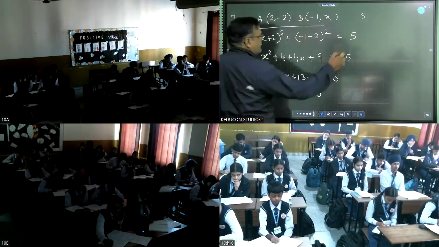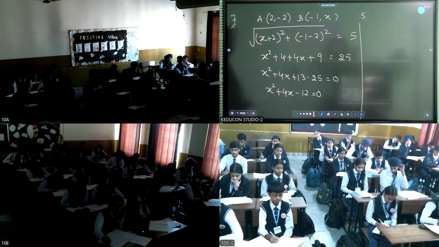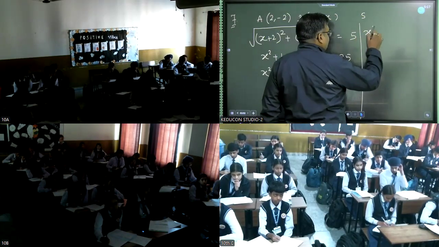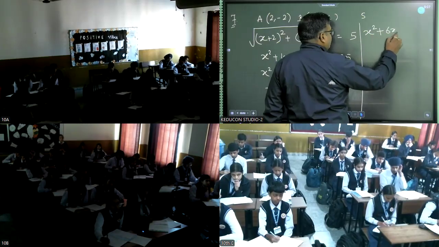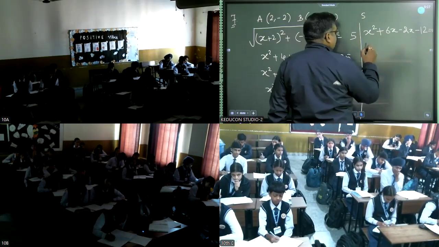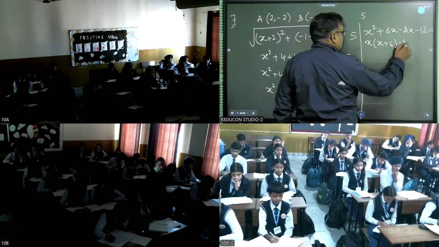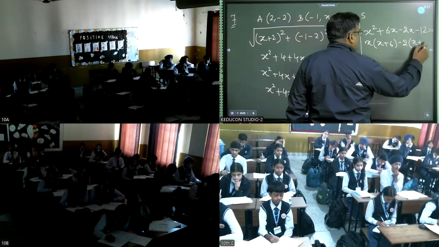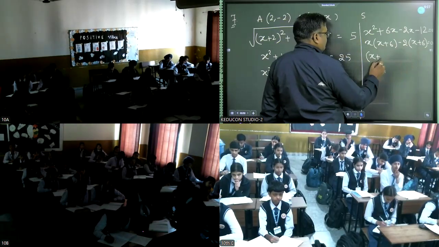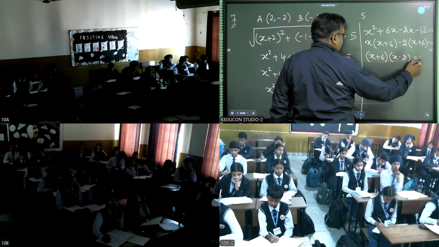What will be the factors? What will be the factors, students? 6x minus 2x. Plus 6 minus 2, right? So x plus 6 and x minus 2, so the factors will be x plus 6 and x minus 2 is 0.